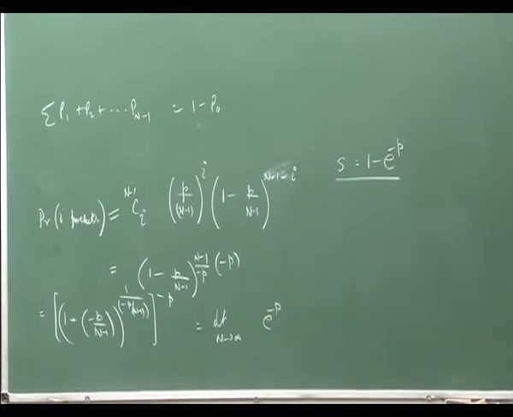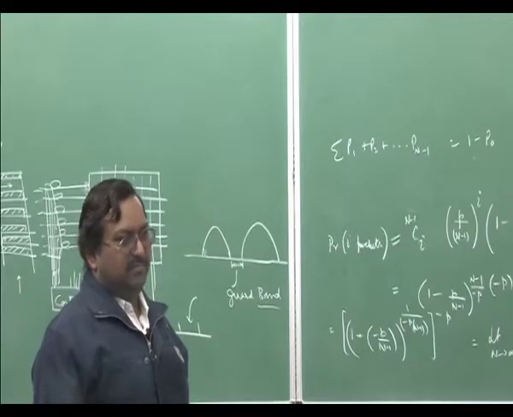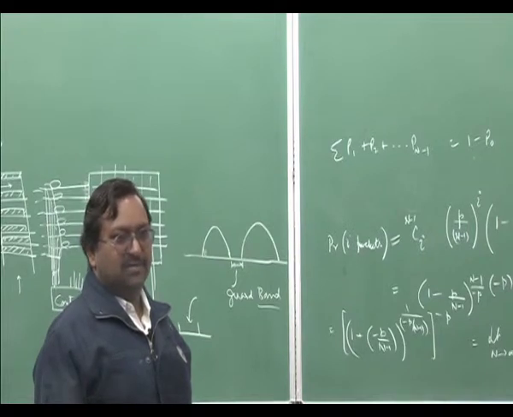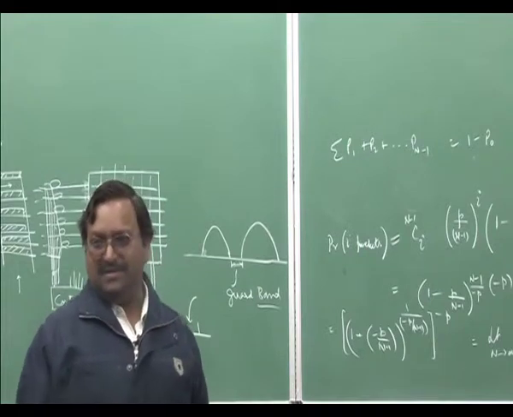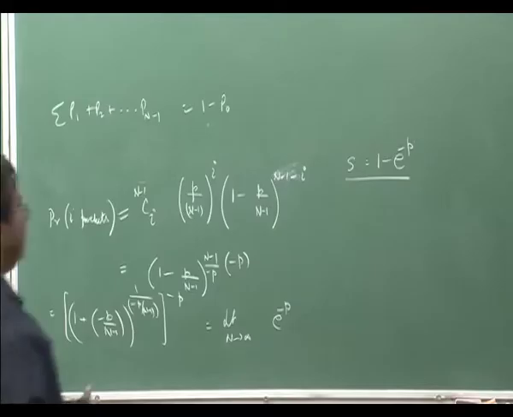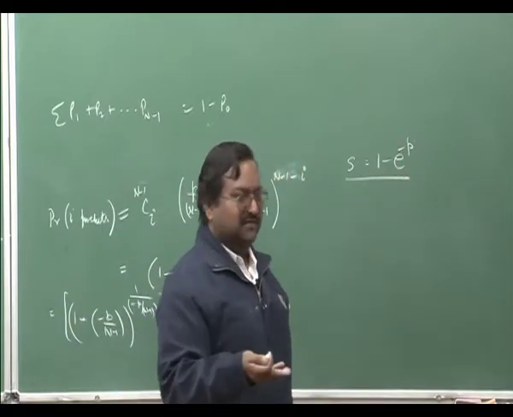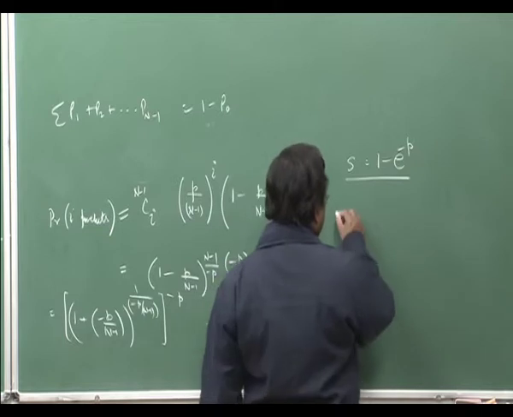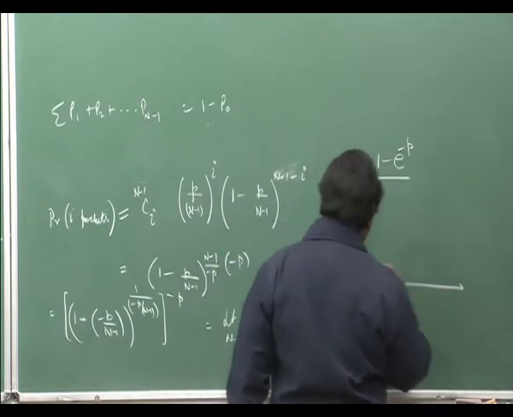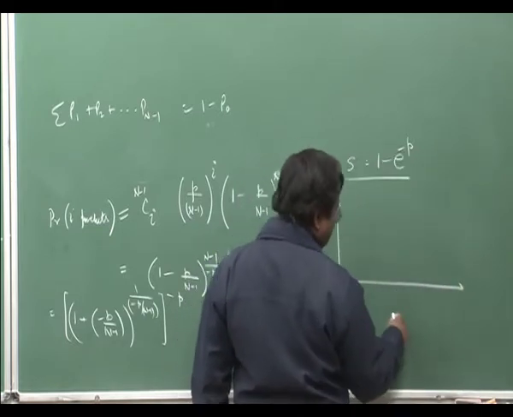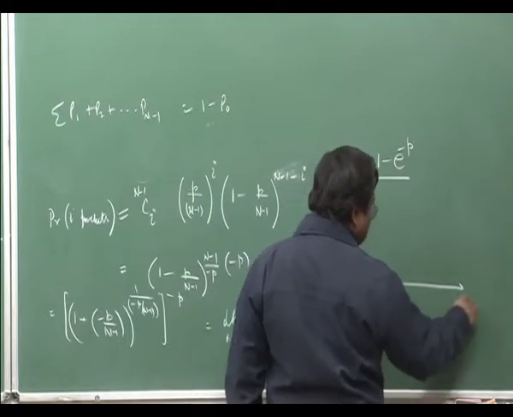This will get a maximum value when P is maximum, because that is a negative term, remember. So I have to minimize on that, since the exponent is negative, so I have to maximize over P. From here you can plot how the throughput increases with P. You can plot this S, the throughput per line, as P goes from 0 to 1.